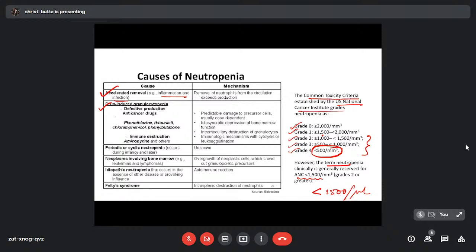Immunological mechanisms are also responsible for this neutropenia. Neoplasms can also result in an overgrowth of the neoplastic cells and result in neutropenia. Idiopathic neutropenias can occur due to autoimmune reactions. We also have Felty's syndrome, where there is an intrasplenic destruction of the neutrophils.